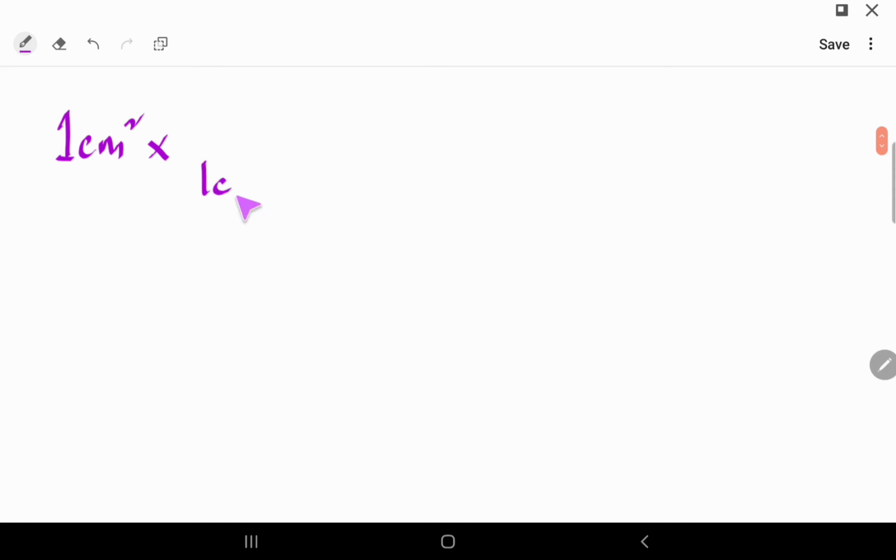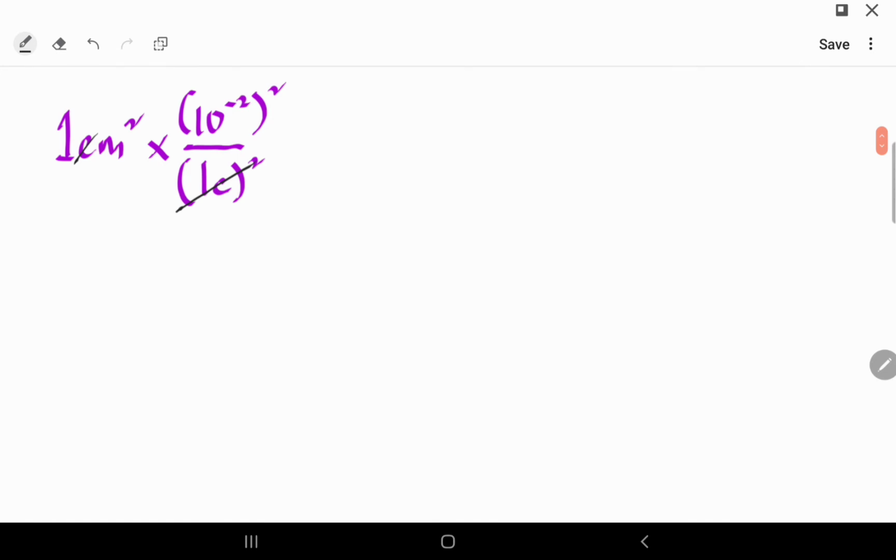So 1 centi equals 10 to the power of negative 2. But we have a square here, so we put a square there. This is centi squared and this is centi squared, and they cancel each other.